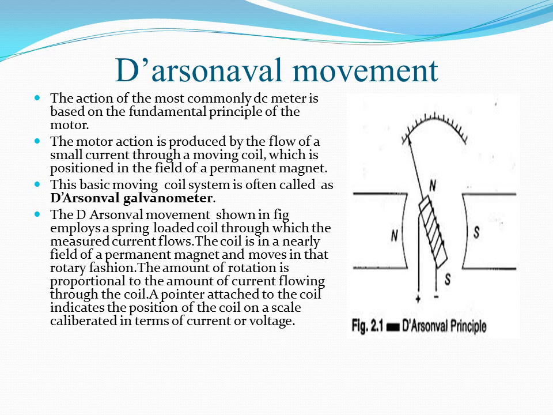So whatever amount of current flows through the coil, the coil will rotate accordingly. A pointer is attached to the coil which indicates the position of the coil on a scale calibrated in terms of current or voltage. So this is the basics of the D'Arsonval movement.